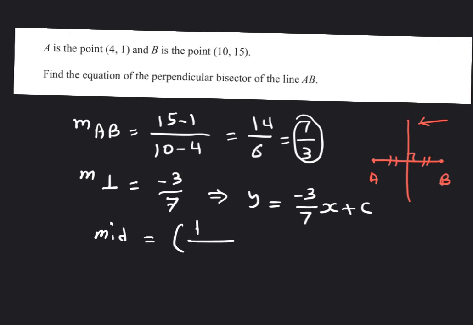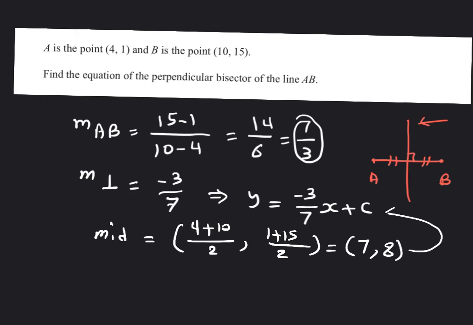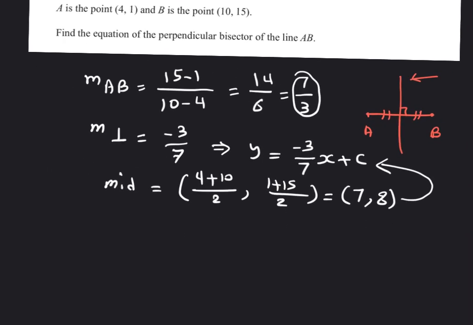4 plus 10 over 2, 1 plus 15 over 2, which is (7, 8). Substitute this point into the equation to find c. So 8 equals negative 3 over 7 times 7 plus c.